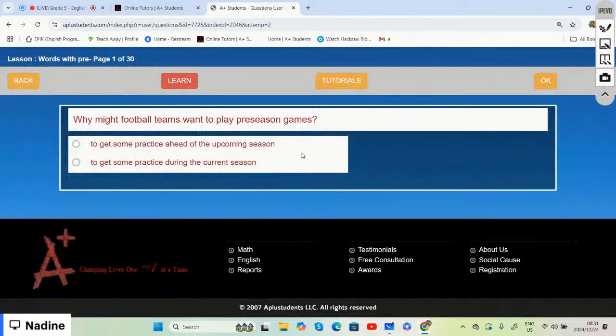Here we need to say the words with pre, right? Remember, pre means before.